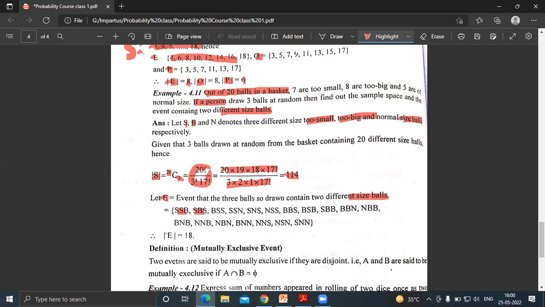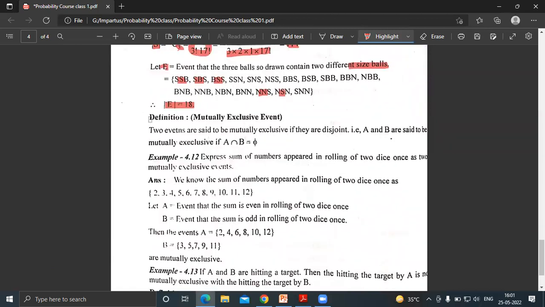Similarly, SBS may be possible. BSS is also possible. You write all these elements manually, and if you count them, then the cardinality of E is 18, and all these lie in the sample space. So E is a subset of S. Then E is called an event.